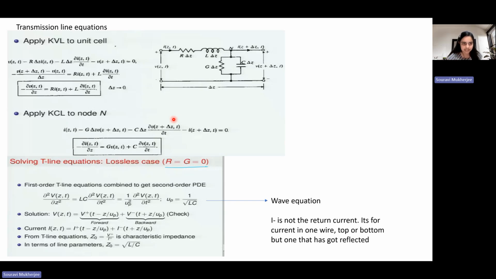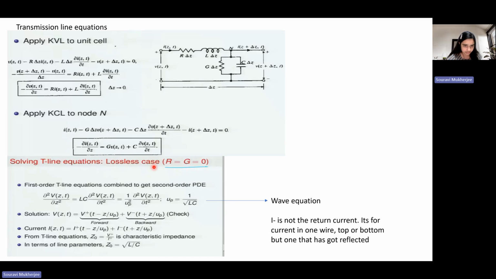And that tells us that when we solve these differential equations, we get solutions which tell us that the voltage can be written as a sum of forward moving and backward moving waves, where the wave velocity is given by this relation here.